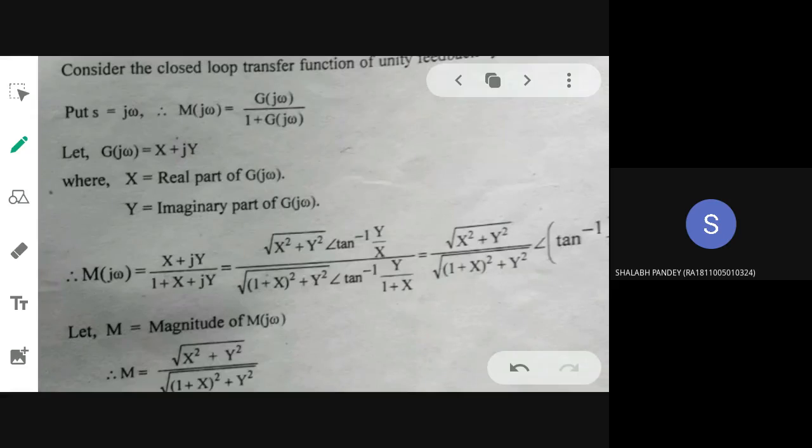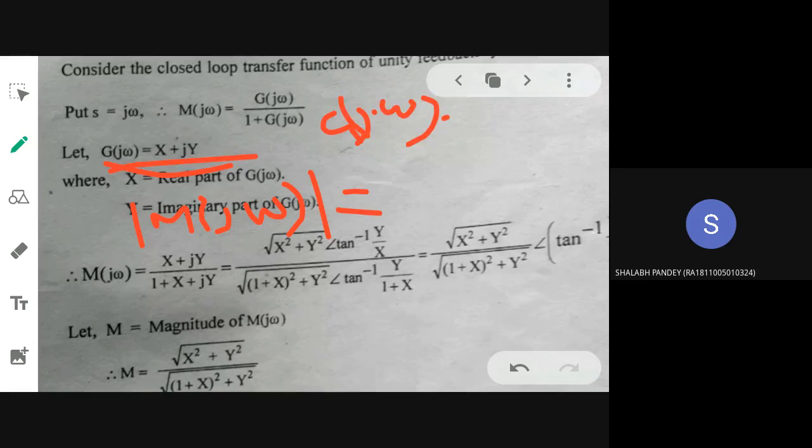If I want to write the magnitude, modulus of M of j omega, you take the square root of real part squared plus imaginary part squared.